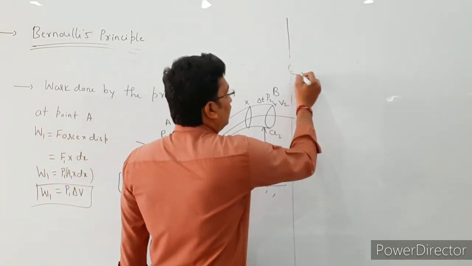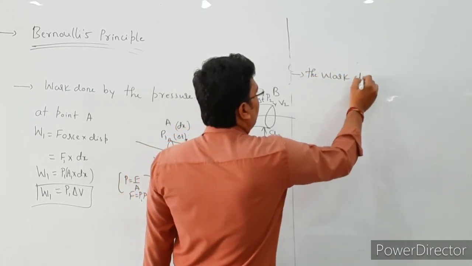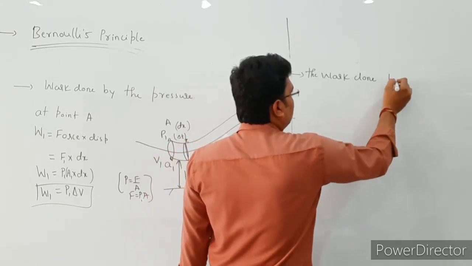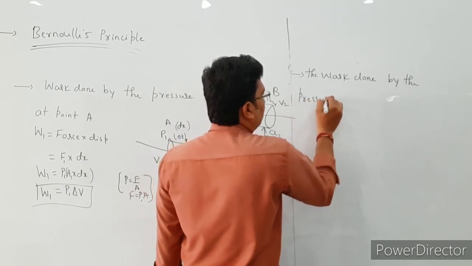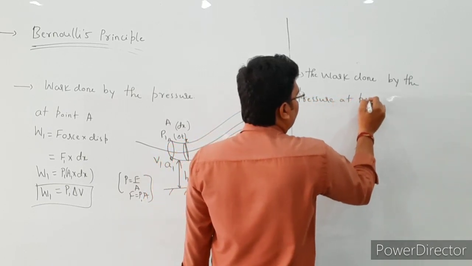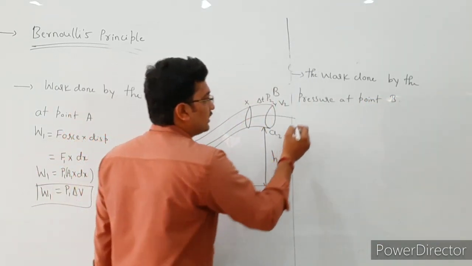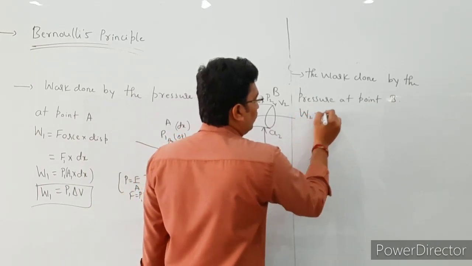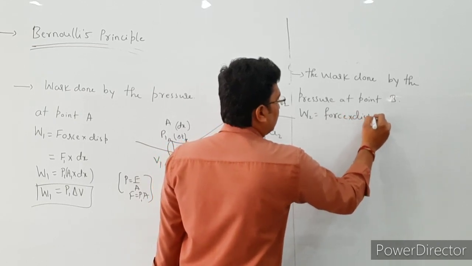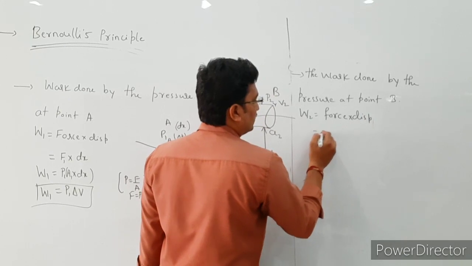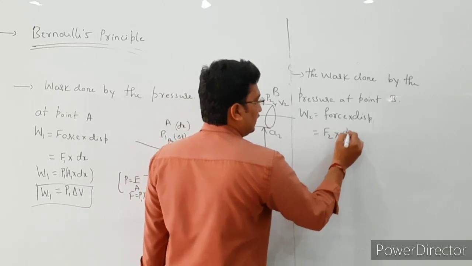Similarly, the work done by the pressure at point B is also the same: the work done W2 is equal to force into displacement. Here the force is F2, and in the same small time interval it covers the small displacement dx.